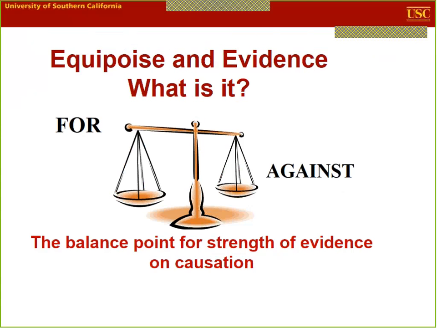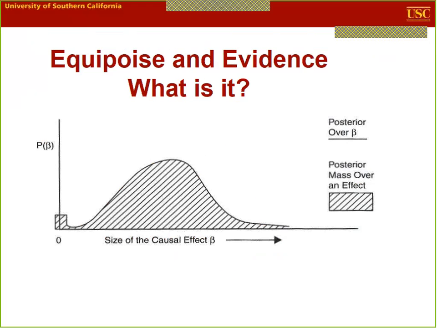One important issue and term often brought up in practice is the idea of equipoise, and those of you who do clinical trials may have heard this term. Where does the evidence balance hang in the sort of for and against causation? Are we above a point of equipoise, which would move us at least into that suggestive category, perhaps, or below it?